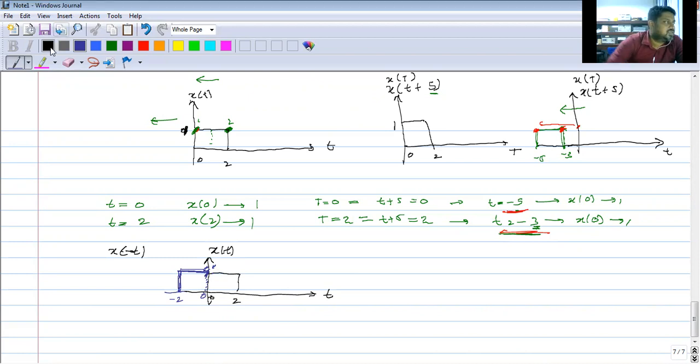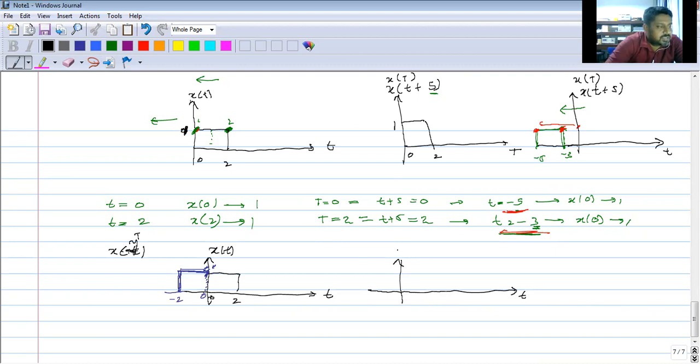Now here it is x(-t). For this -t, I also consider it as a capital T. This x(-t) also I consider as a capital T, as in the above example.